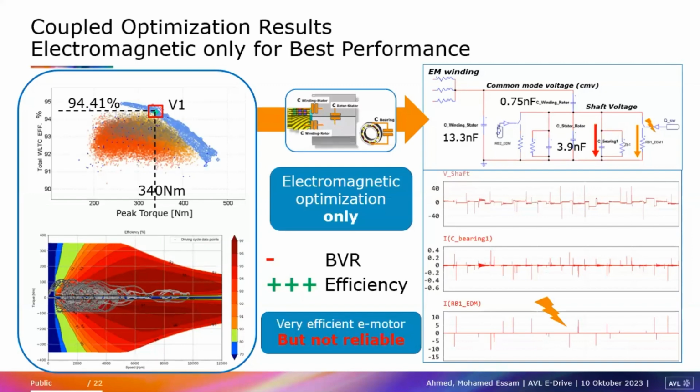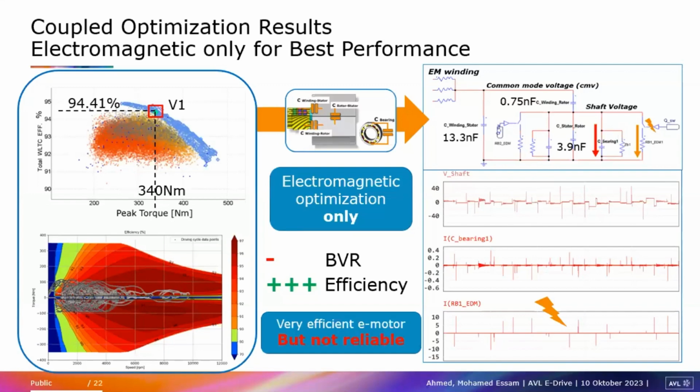You can cover the full operation range as we discussed, going through every scenario: acceleration, partial loads, continuous, and so on. For this study, for the shaft voltage and the bearing, we used the full acceleration in the constant torque region, at the knee point, where everything is maximized, especially the voltage. Okay, thank you.